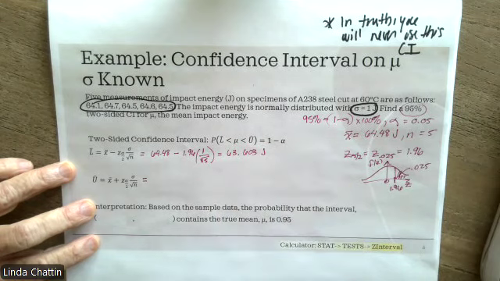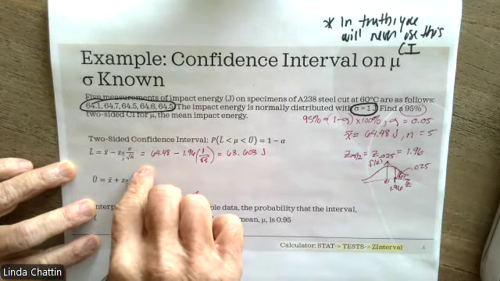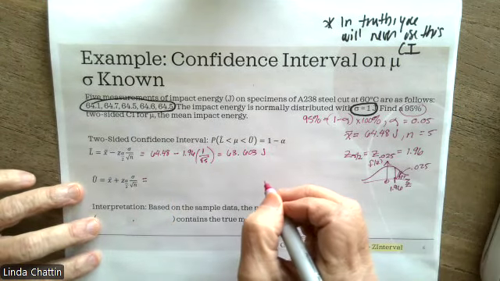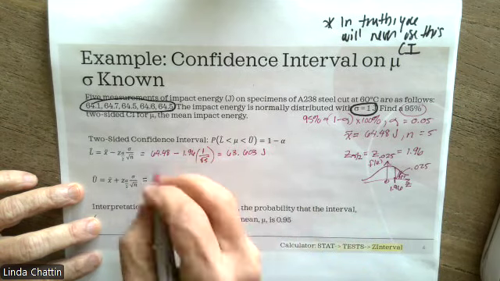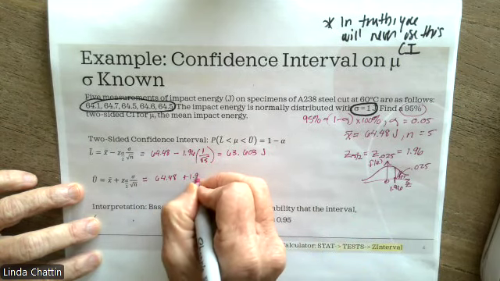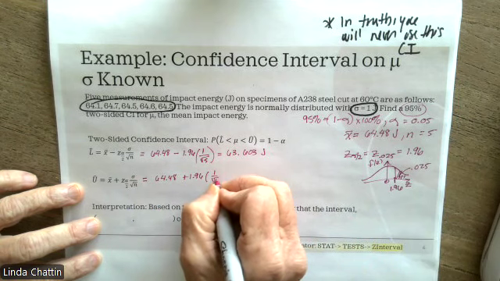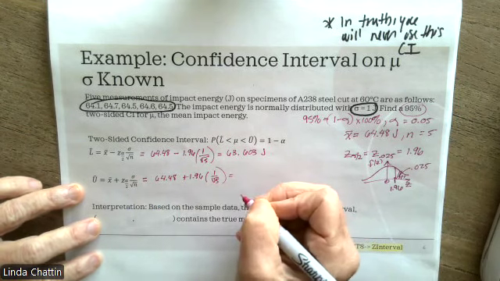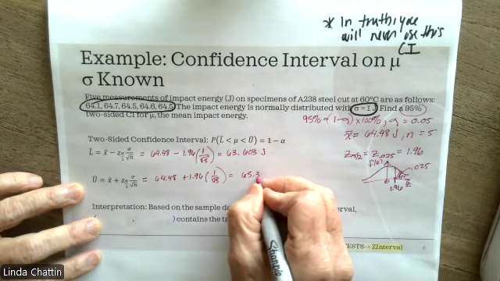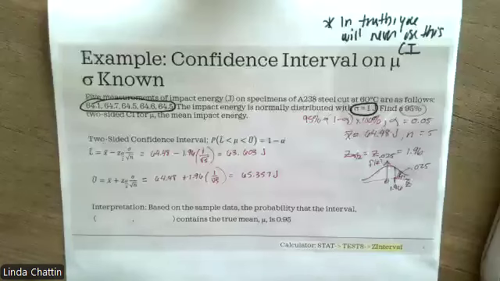The units are joules because it is on the mean, and the mean would be in joules. Now, for the upper bound, I would just add this term. So it would be 64.48 plus 1.96 times 1 over the square root of 5. And that equals 65.357 joules. So now I've got it.